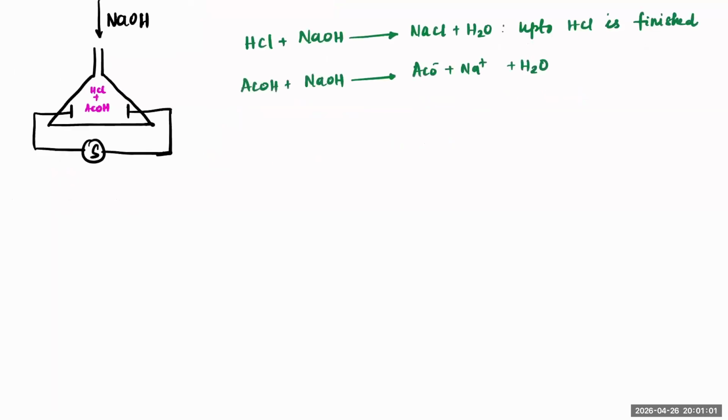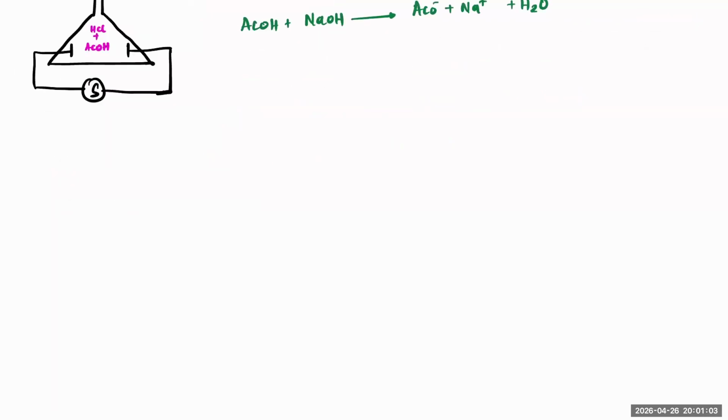So we have seen individually how the graph works for both of them. Now I'm drawing the graph for both together. Initially we learned that as the HCl decreases, the conductance will decrease. So that is fine. After this, we get a point which is the first equivalence point, where HCl is finished.